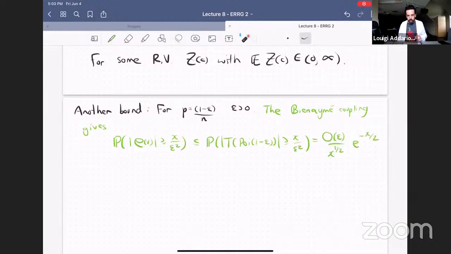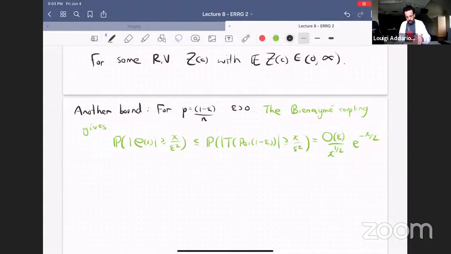Okay, so the bounds we got just from doing first moment calculations, remember, told us that in the subcritical regime, so when p is less than 1 over n, the largest component had size at most root n. Using this coupling, we do quite a bit better because we have this exponential gain.